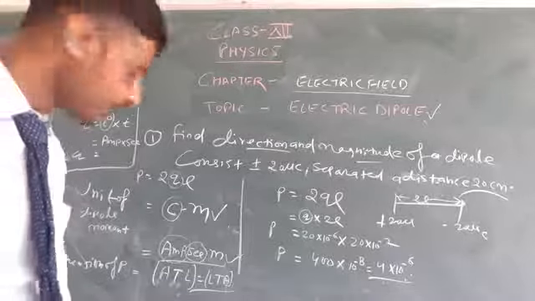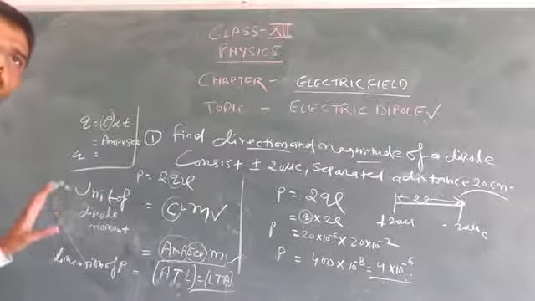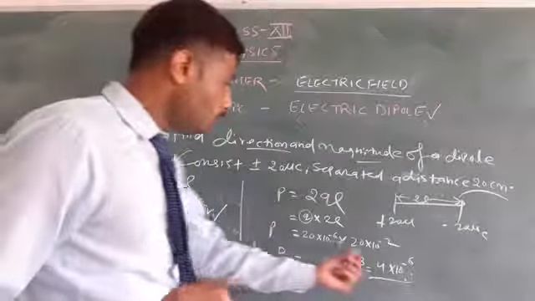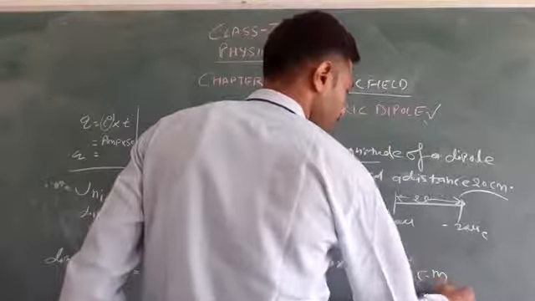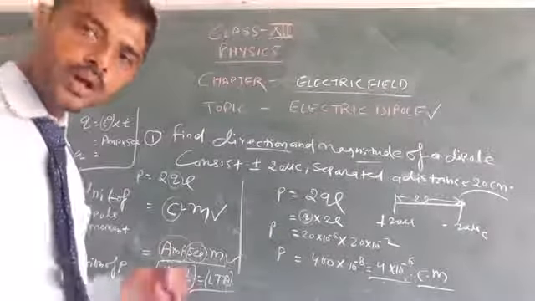So I hope you understand about the unit and dimension of electric dipole moment. Coulomb meter is the unit of electric dipole moment.